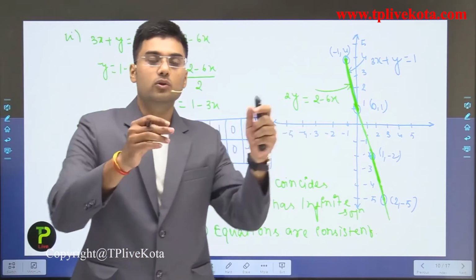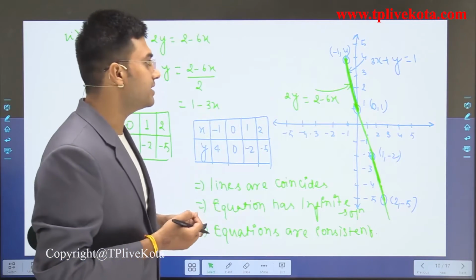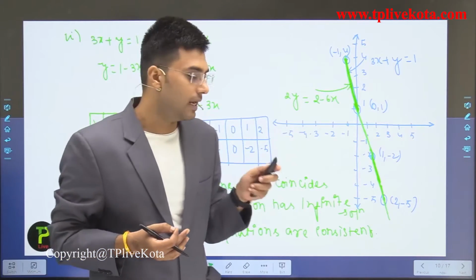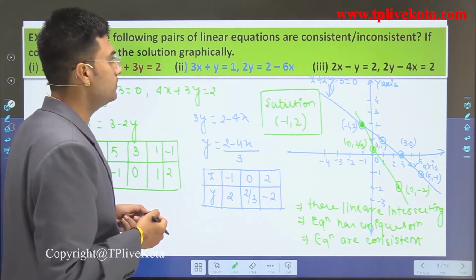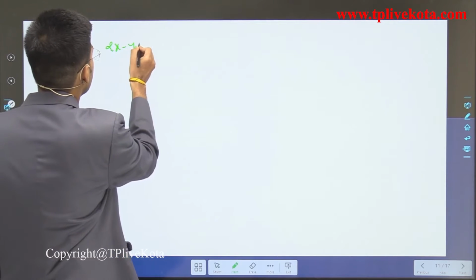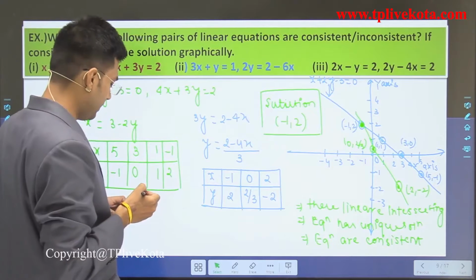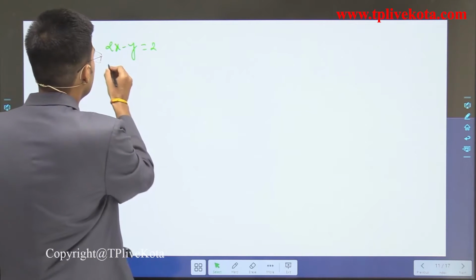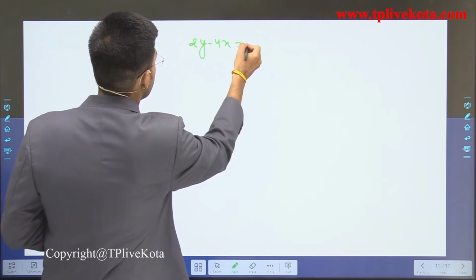Okay, so after this let's move to the next, and the next is the third part of this question, and we have the equations 2x minus y equals to 2, and the second equation is 2y minus 4x equals to 2.